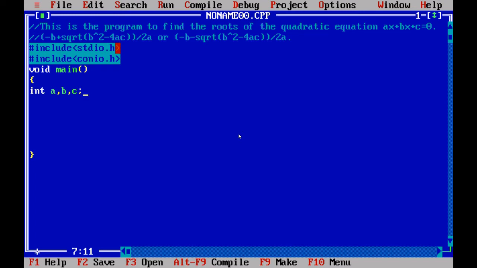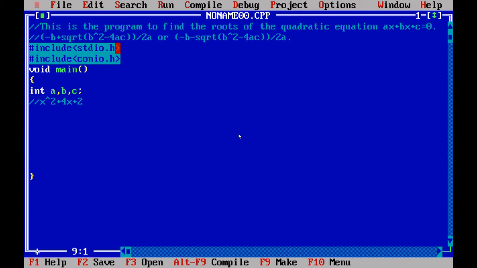Suppose I am typing the equation as x squared plus 4x plus 2, it means the value of a is 1, the value of b is 4, and the value of c is 2. In such a way the user has to enter the input.